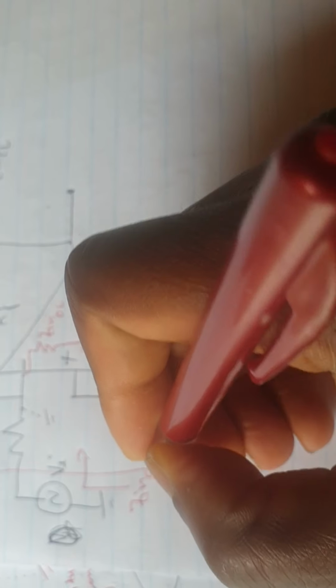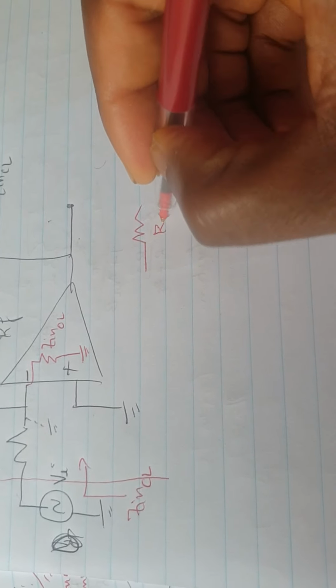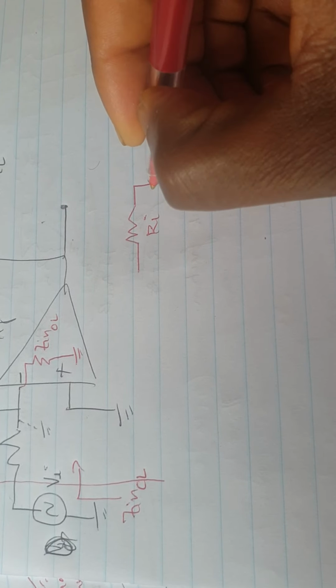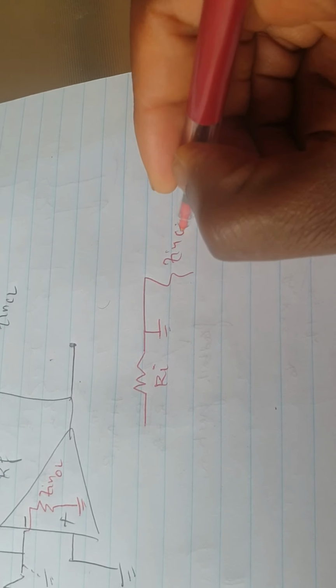Now when we say closed loop input impedance, we are trying to assess the input impedance from the input side, looking into the amplifier itself, closed loop. So that will be a combination of Rin, then a virtual ground, then Zin open loop all the way to ground.